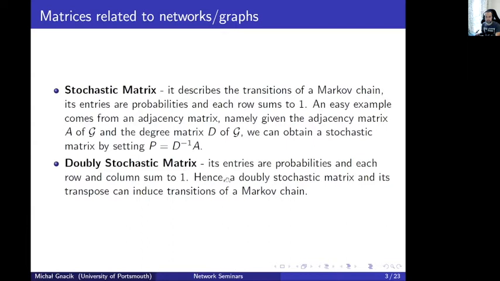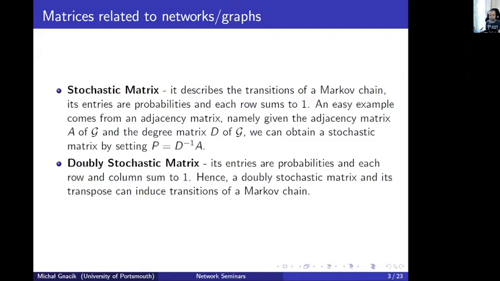This construction works because I took G to be undirected, so that A is symmetric in this particular case. Then we also have doubly stochastic matrices, which are not very different from stochastic matrices. If you take the transpose of a stochastic matrix and it's still stochastic, then the matrix is doubly stochastic.